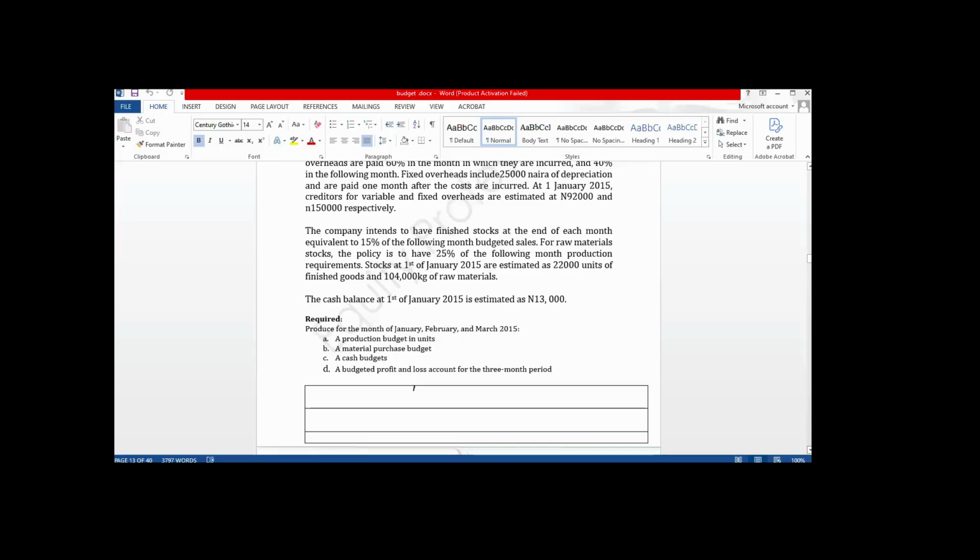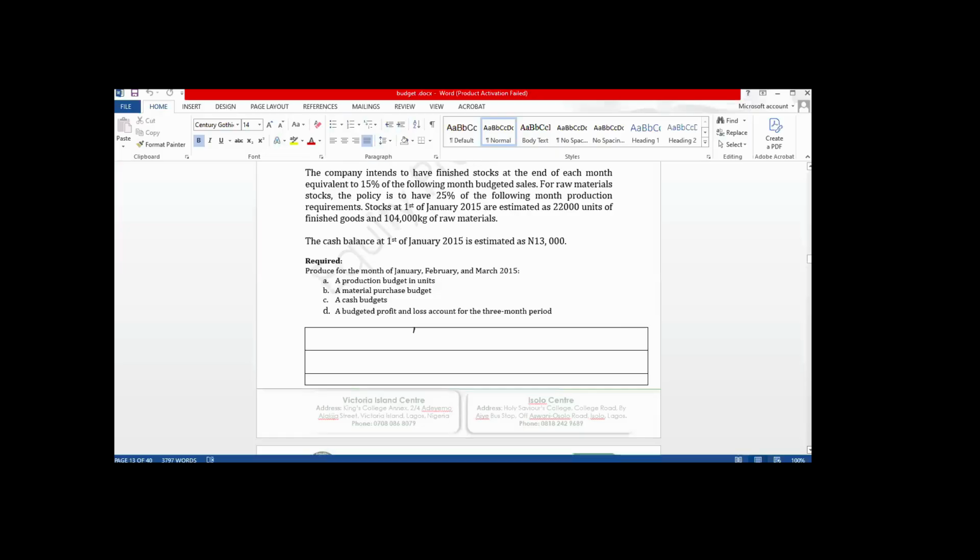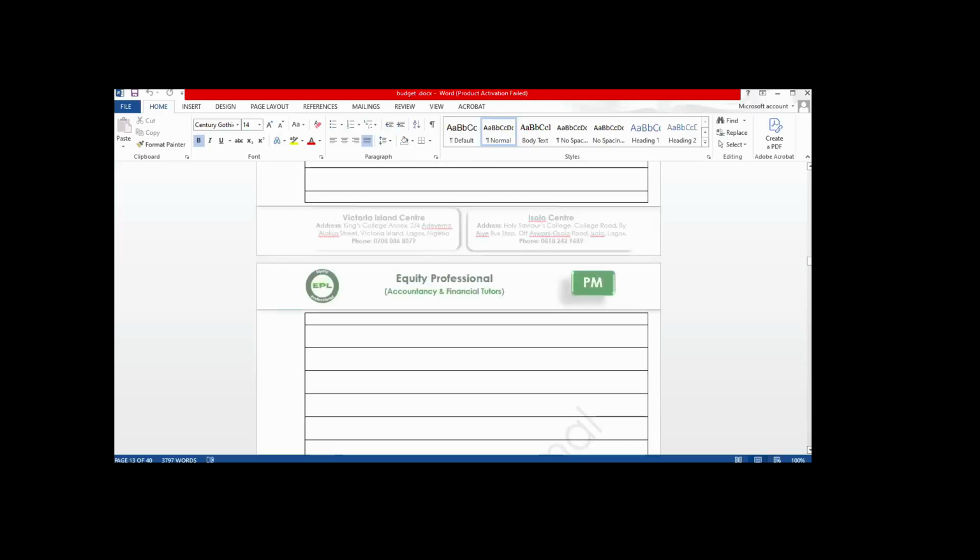Requirements: produce for the 3 months, January, February, March 2015, a production budget in units. Let's start with that. Like I said, we are going to practicalize it tonight.